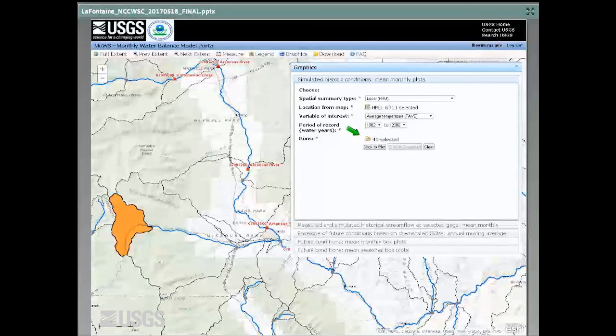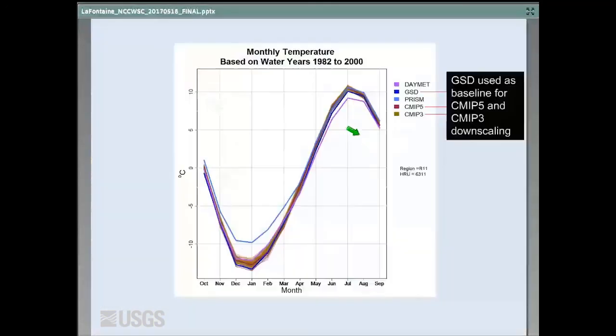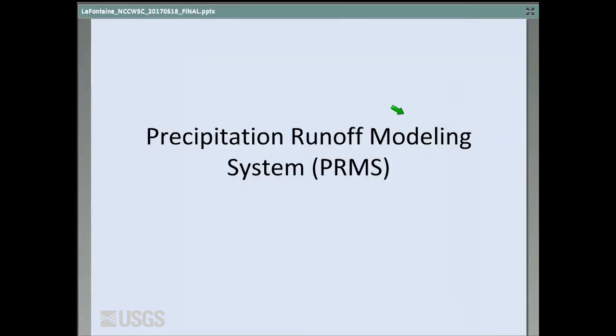Then it looks at the start and end range, and then you can pick all the runs of the historical temperature and precipitation forced or the GCM-based simulations, and then get a plot out like this where it's monthly temperature based on that 19-year period, looking at the PRISM-based simulations in the blue, or looking at other historical products like DayMet or the Maurer grids, or looking at CMIP5 or CMIP3. And you can save these out, or again, save the data that made these plots.